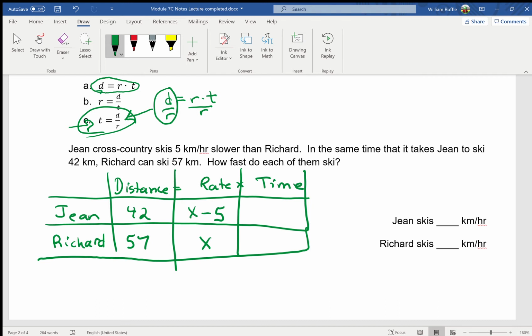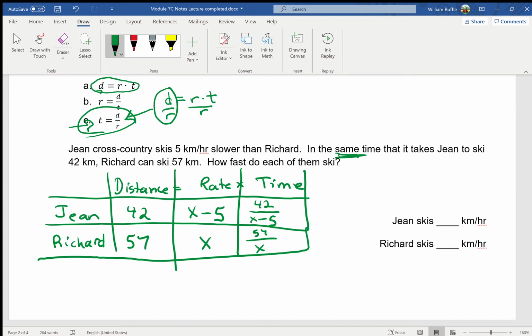So now it says in the same time. Now if we look up here, time is equal to distance over rate. So this distance is 42 over Jean's rate, X minus 5. Now Richard's distance was 57 and his was over X. Since they're the same time, those two fractions must be equal to each other.